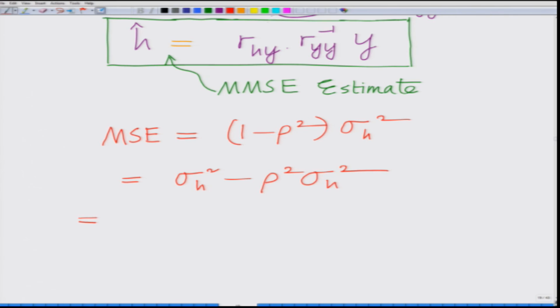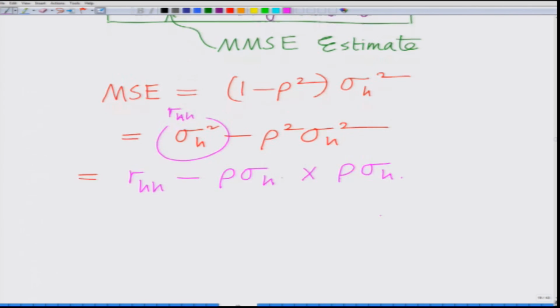Now, of course, this quantity here we already know what it is. I am sorry, this quantity here is basically your r h h. So, this is basically r h h minus, now this quantity I can write as rho sigma h times rho sigma h.